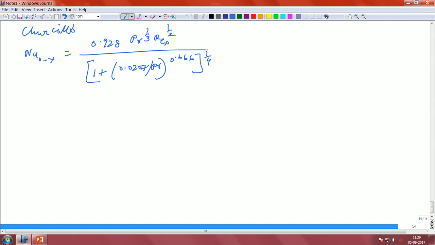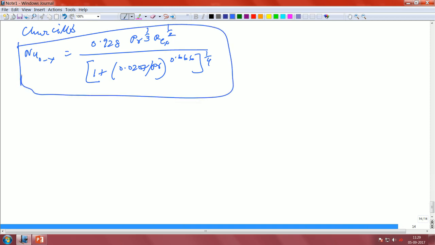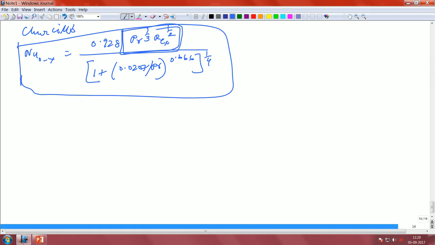So, that is called Churchill's correlation. It is a composite correlation that is valid across a large range of Prandtl number and Reynolds number. This is basically complicated data fits, while retaining the variation of this, because that comes from a functional analysis. The rest is that you put together all the data, maintain this variation, and then do a curve fit and find out the leading order coefficient. That is what has been done.